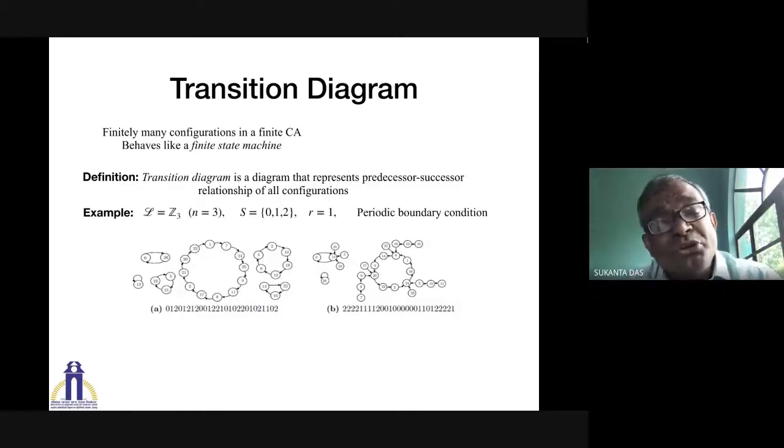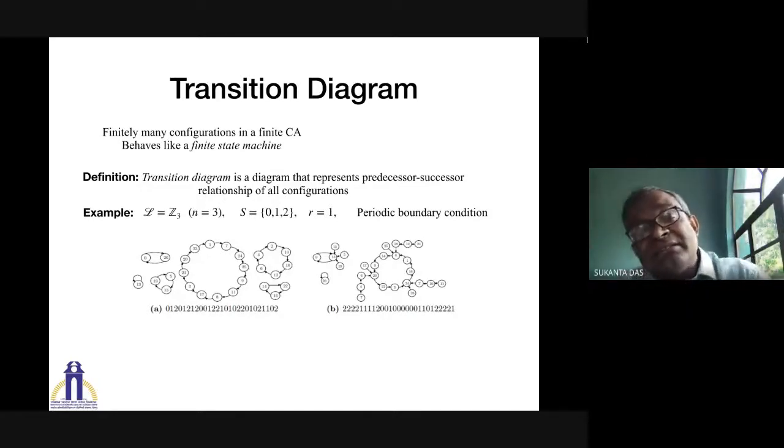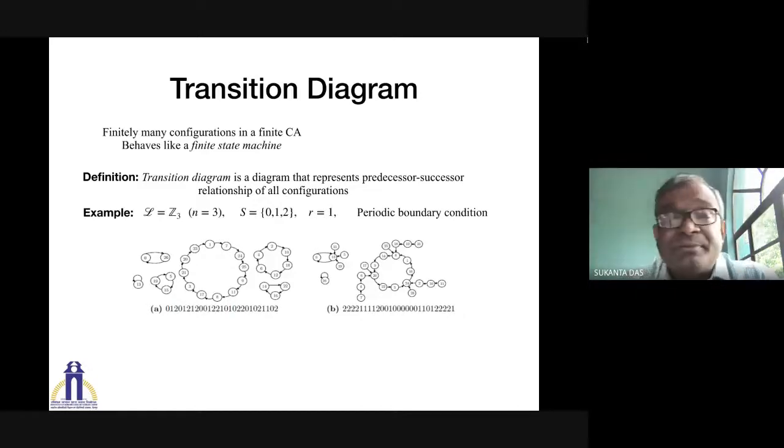Last class we talked about the space-time diagram. The space-time diagram is also a useful tool to understand the dynamical behavior of an automaton. This is another diagram which tells us dynamical behavior. What I'm getting out of here, consider the rightmost figure.